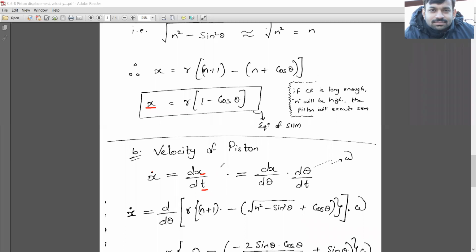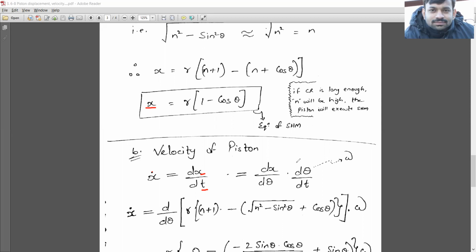All right. So this can be further written as dx by d theta into d theta by dt. Okay. Why we are doing this? Because we have x in terms of theta. All right. We do not have any time related term in the equation of displacement. So we can do it like this, that differentiation in terms of theta.